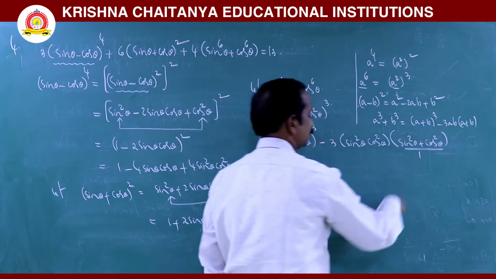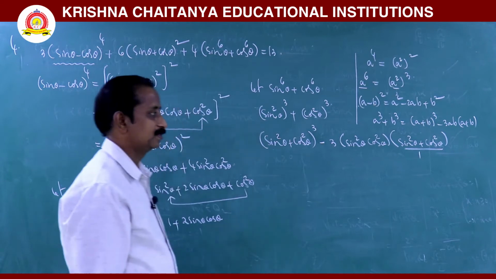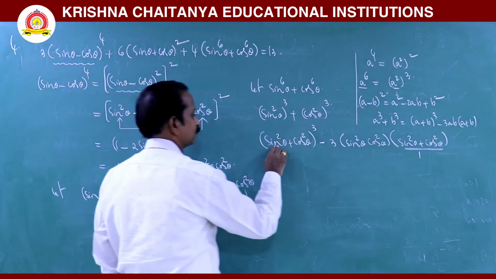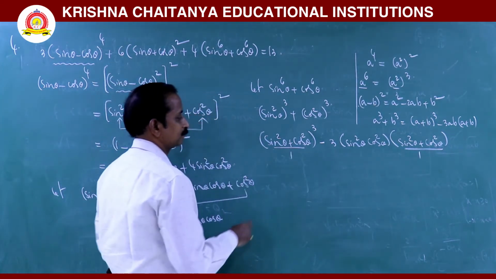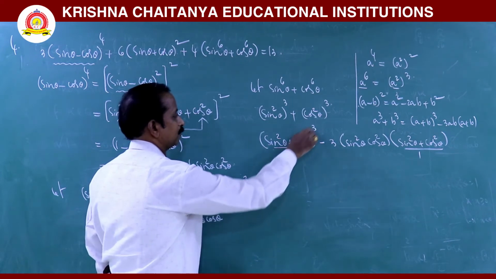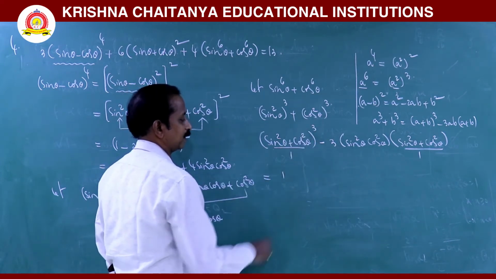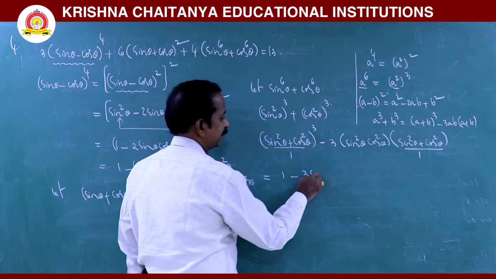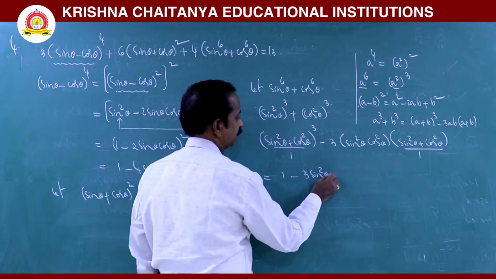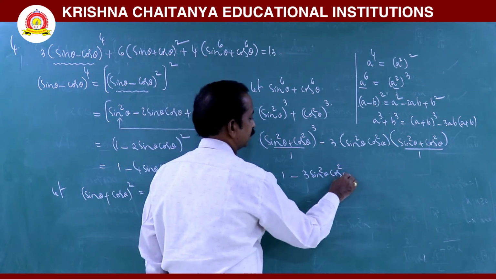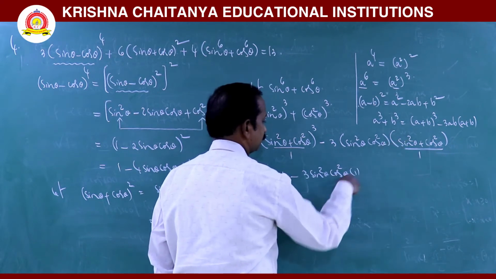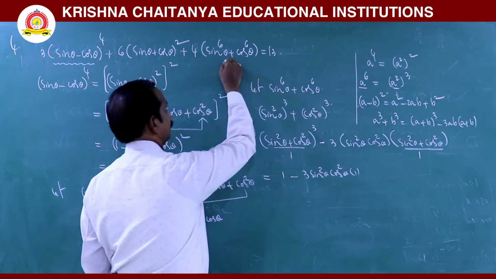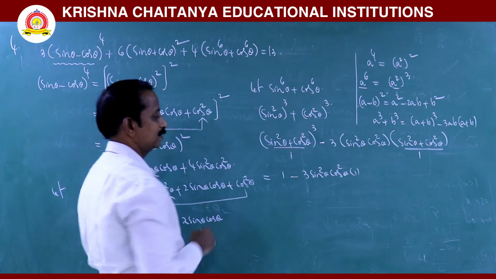We know this is a trigonometric identity, so that is 1, and here also the value is 1. So 1 cube is 1, minus 3 times sin square theta into cos square theta. That is the third term expansion.